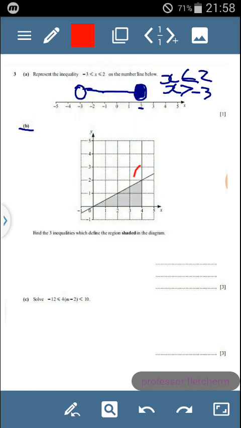We have this one, that one, and the diagonal one. All these 3 inequalities have been brought together to produce the shaded region being referenced.